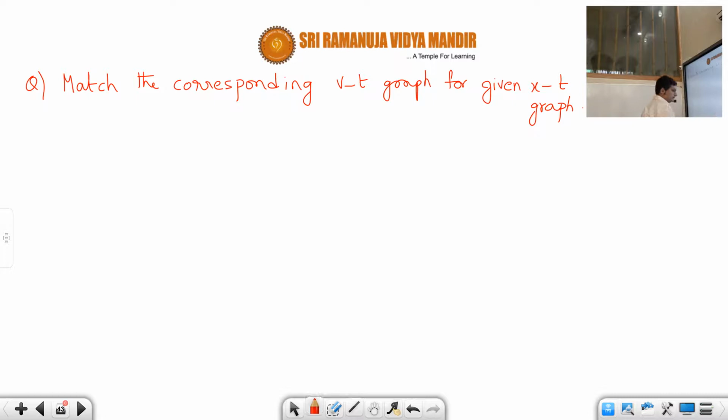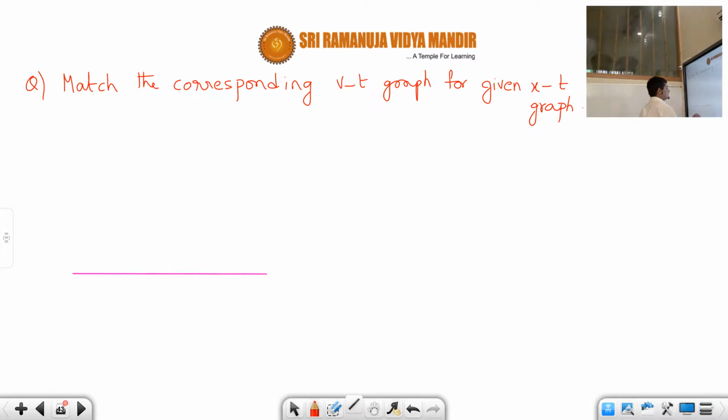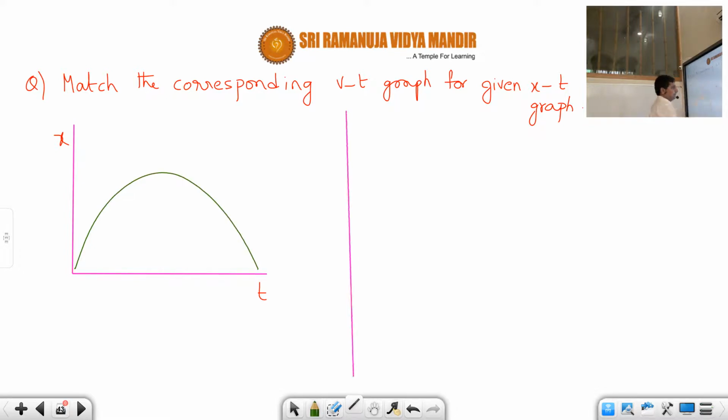Okay, students. So now let us see here. Suppose I have given this XT graph, students. Given is XT graph, and I am giving a shape like this. So what is the corresponding VT graph?